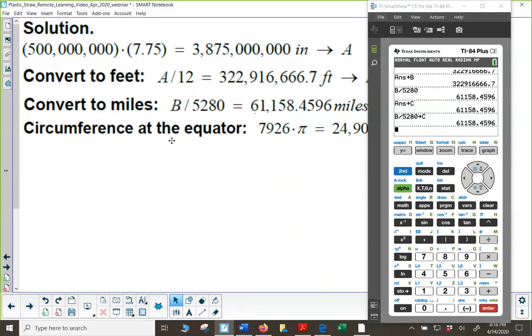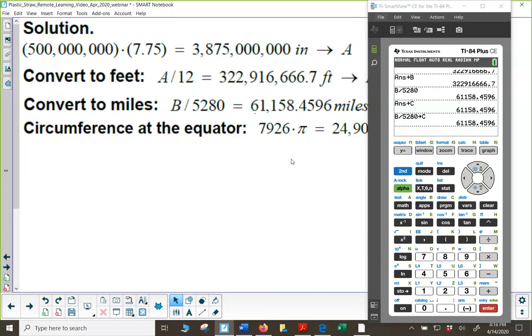The circumference of the equator, we need to find that. So we know the diameter. We were given that diameter of this many miles, and I have to multiply it by pi. You'll notice I'm not multiplying by 3.14 or 3.14159. I want to use as many significant digits as I can get, and also everybody will have the same answer if we do that.